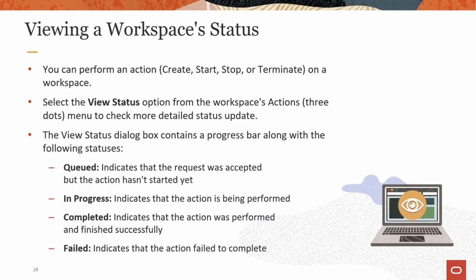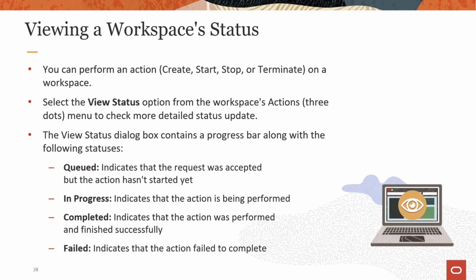In DIS, you can perform actions like create, start, stop, or terminate on a workspace. To do that, select the View Status option from the Workspace Actions menu to check a more detailed status update. This View Status dialog box contains a progress bar along with the statuses as mentioned here.